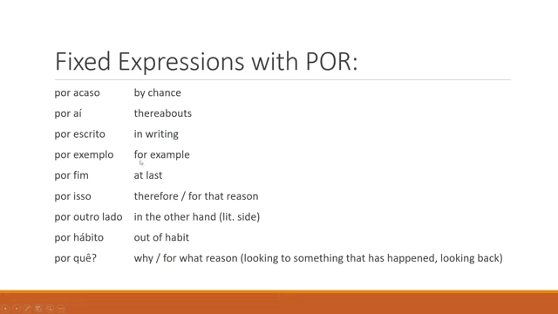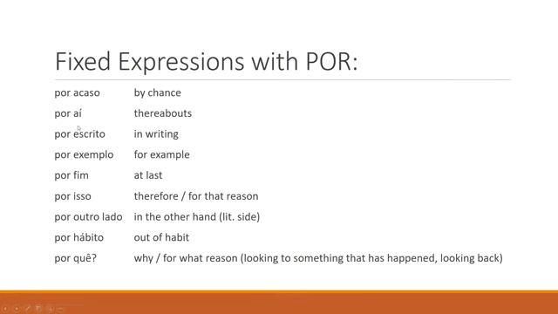Por exemplo, for example. Some of them are more tricky, like por ahí, thereabouts, approximately. So it could be interesting. I wouldn't try and learn them all in one go. You might have come across them. This might ring some bells for you. Let's just go through them. Por acaso, by chance.